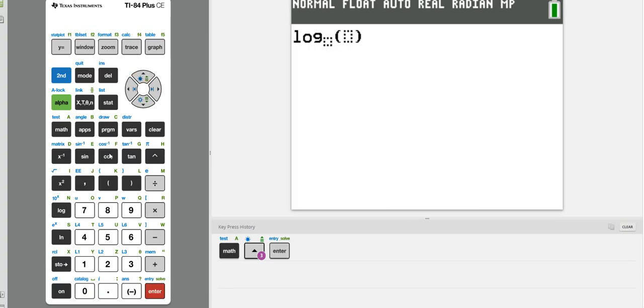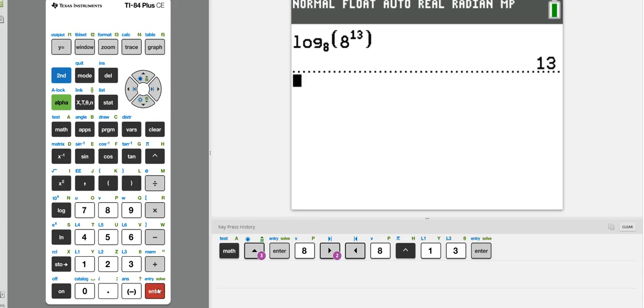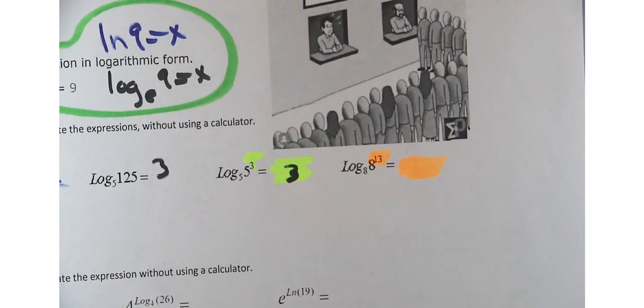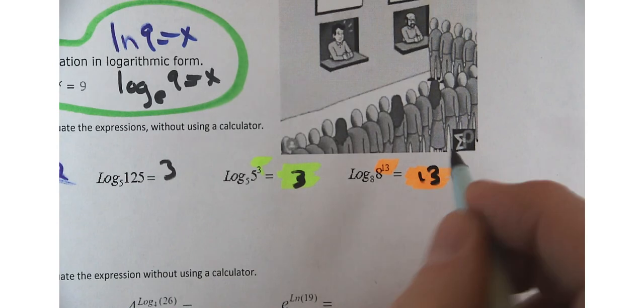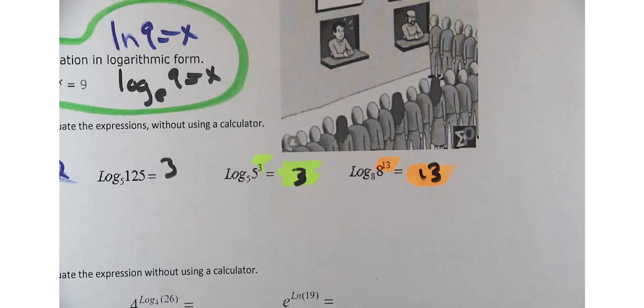I'll check that in a minute. Log base A, and now I've got to do 8 raised to the 13th power. Any guesses before I hit the enter key? 13. And so again, the point here is that these two things are opposite operations of each other, 13 and 13. So that should make your life kind of easy when you see these things.